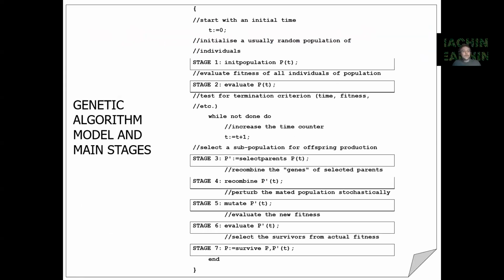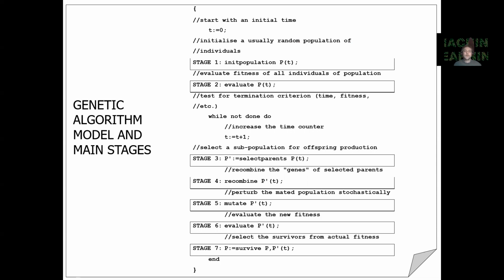And this is a high-level description of the genetic algorithm model, and you can see how it works. You start with t equals 0. T is a counter which represents the number of generations. It's an evolution process, and it happens in time, but we are using generations as an indication of time.